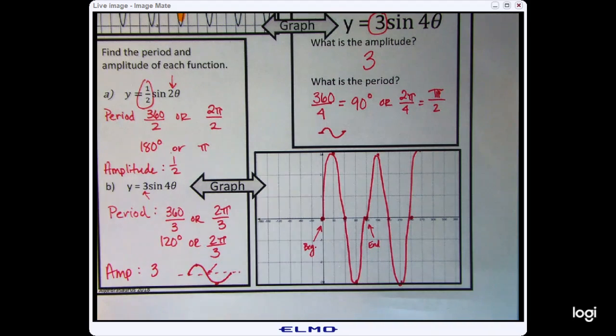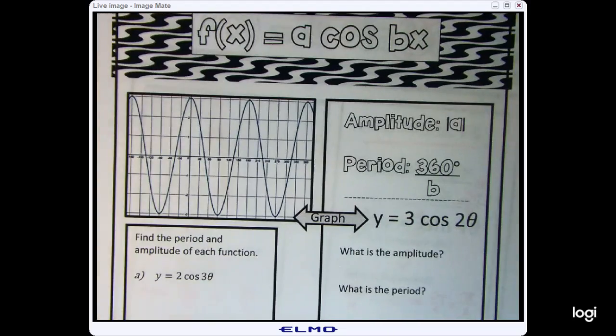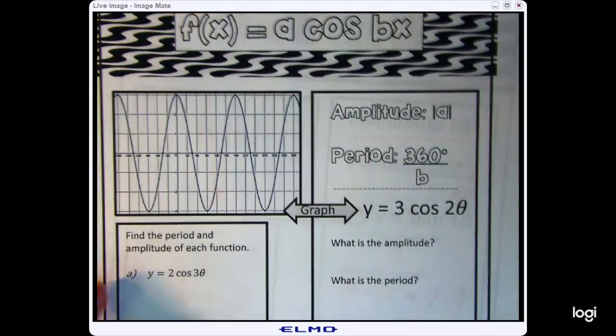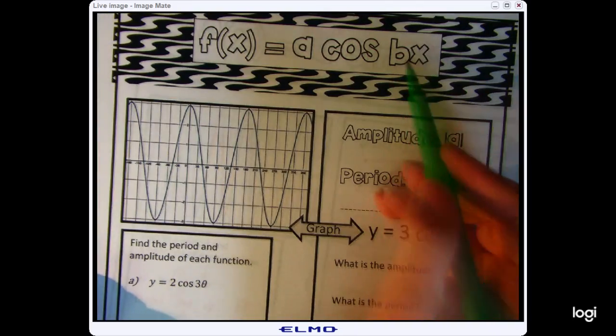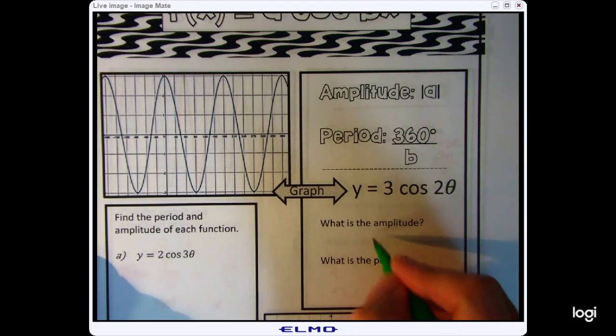All right. Now let's take a second and graph cosine, looking at changing the amplitude and period. Okay, same thing. The A tells me the amplitude, the B affects the period. All right, so what is the amplitude of this one? 3.